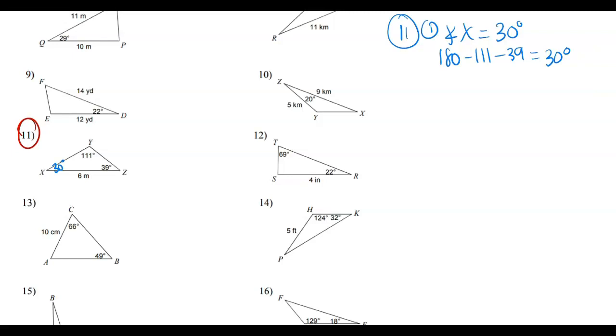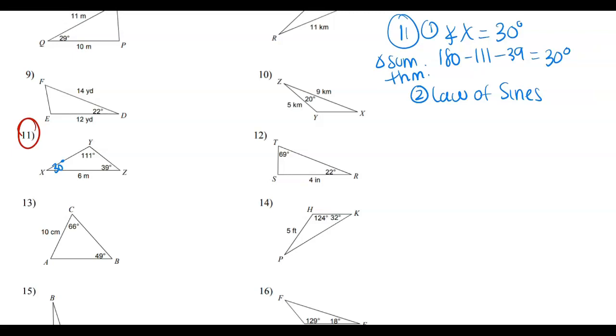Now that I found that by the triangle sum theorem, let's figure out what else we can do. If I look at the rest of this question, I actually have an angle and a side directly across from it. So let's use law of sines to try to find my next piece. Remember, guys, we need to use either side, side, side, or side, angle, side in order to find our answer.